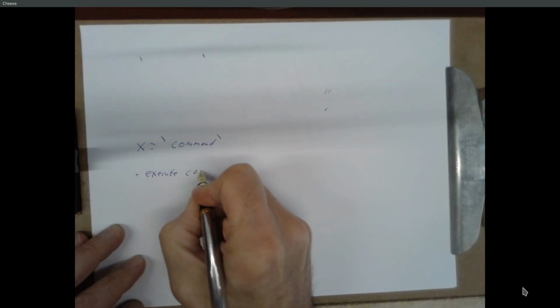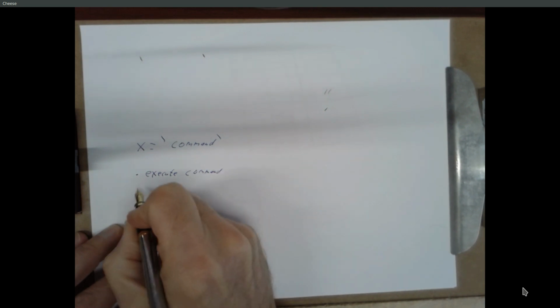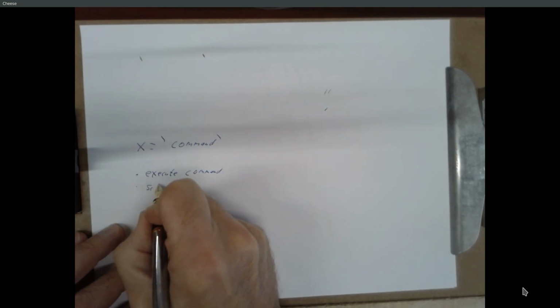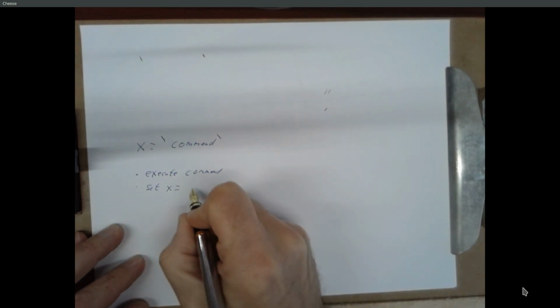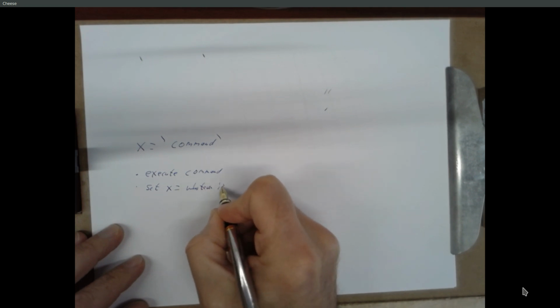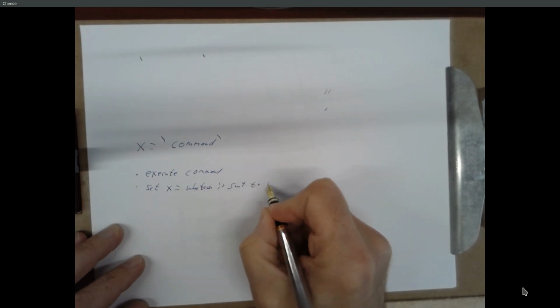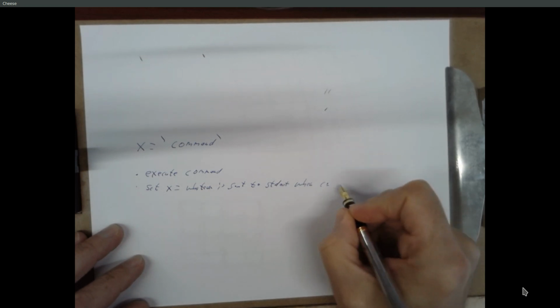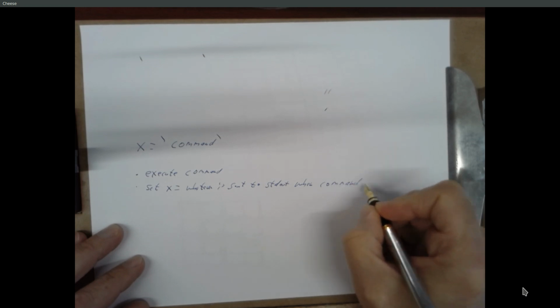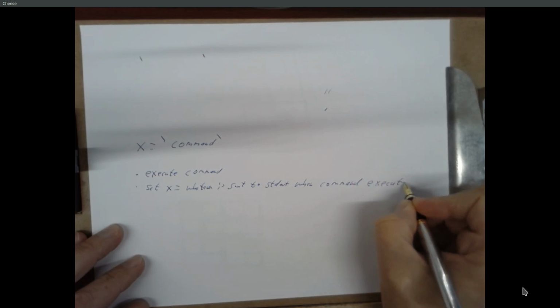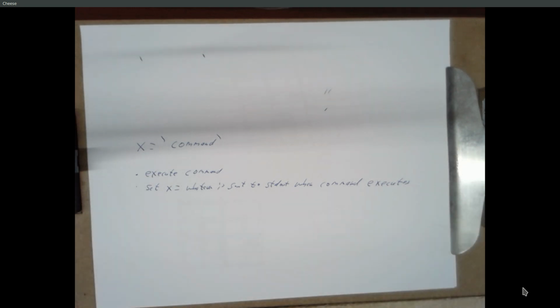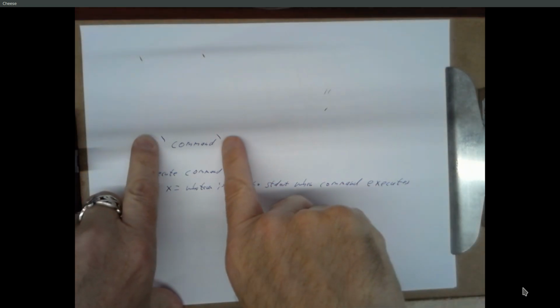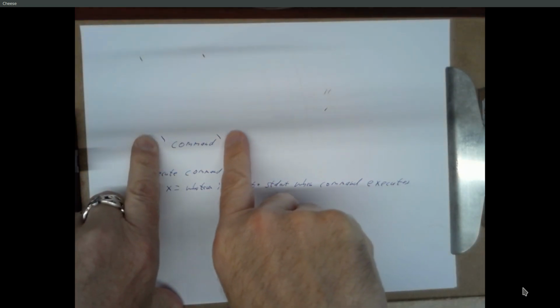It executes this command, and it sets x equal to whatever is sent to standard out when command executes. So when you use backquote command, basically the command runs and this backquoted thing is replaced by the output from that command.